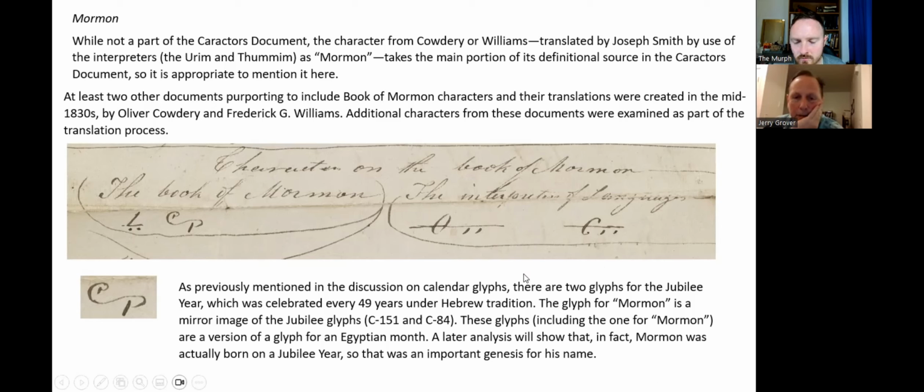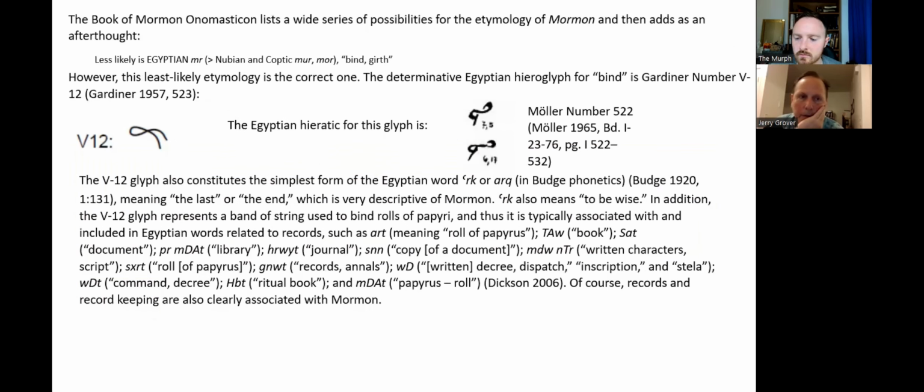Again, we're going to go off track a little bit here. As I mentioned, it matches the Jubilee glyph form, that curly one; it's kind of a mirror reversal of it. In the Egyptian, the Onomasticon gives a whole bunch of possibilities for Mormon.